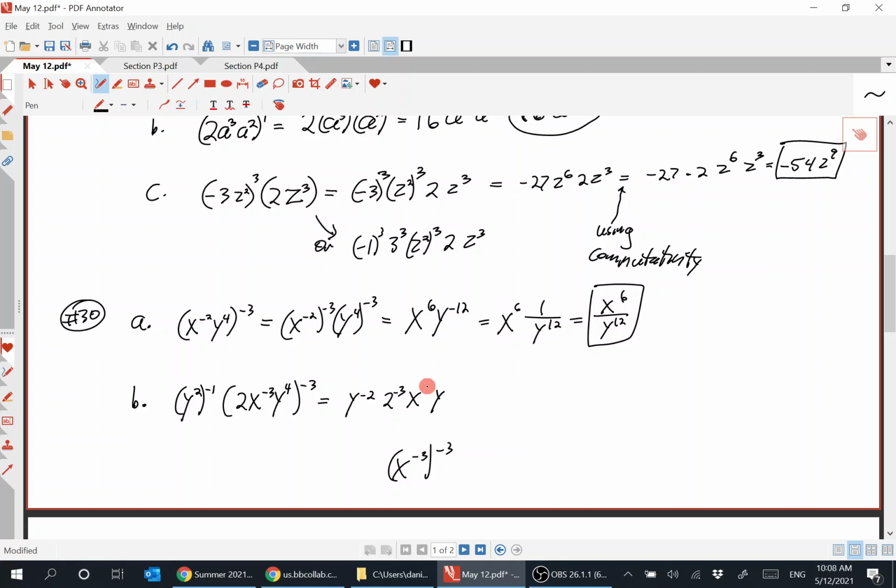And then y to the minus 12. Okay, so let's move the negative exponents to a denominator. So this becomes x to the 9th over 2 to the 3rd, y squared, y to the 12th. 2 to the 3rd is 8. And this is y to the 14th.